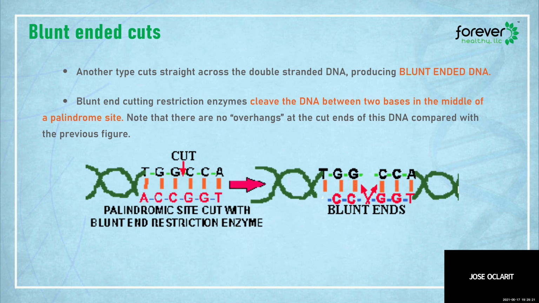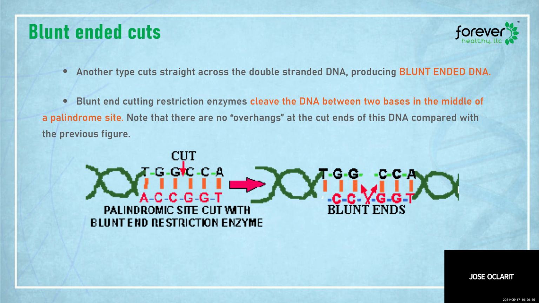So if there are sticky ends, there are also blunt-ended cuts. Another type of cut is straight across the double strand, known as the blunt-ended cut. Blunt-ended cutting restriction enzymes cleave the DNA between two bases in the middle of the palindrome. Note that there are no overhangs. Let us look at the sequence where it is cut: TGG, CCA.